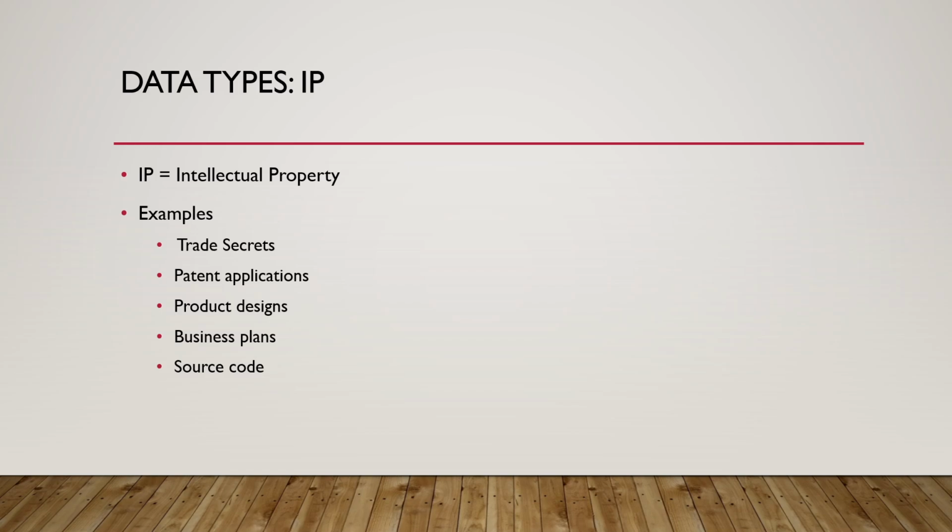Different types of this would be trade secrets, things like formulas or algorithms, patents, product designs, business plans, source code, pretty much anything specific to intellectual property that, if it did get out, think about it like the secret recipe for Coca-Cola. If it came out, then they could have less sales because a competitor can come up and start selling Coca-Cola under a new name.